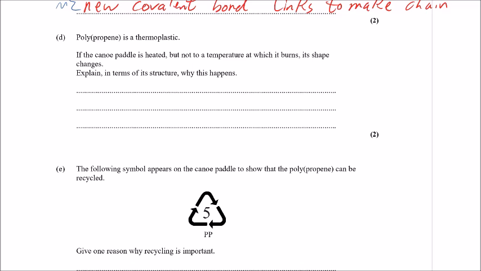So polypropene is a thermoplastic. If you heat it, it can change shape, and this is essentially melting.